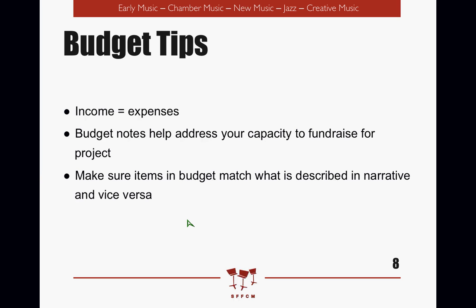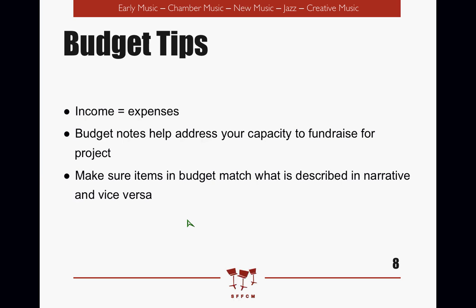You're anticipating a lot of PR and marketing expense associated with that, because you're going to be releasing the recording, and you're also going to be having a release performance or a premiere performance around the particular work that you're recording.